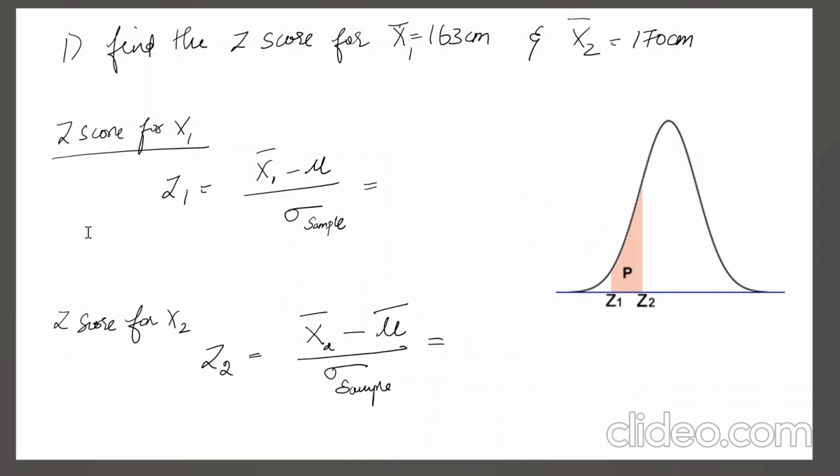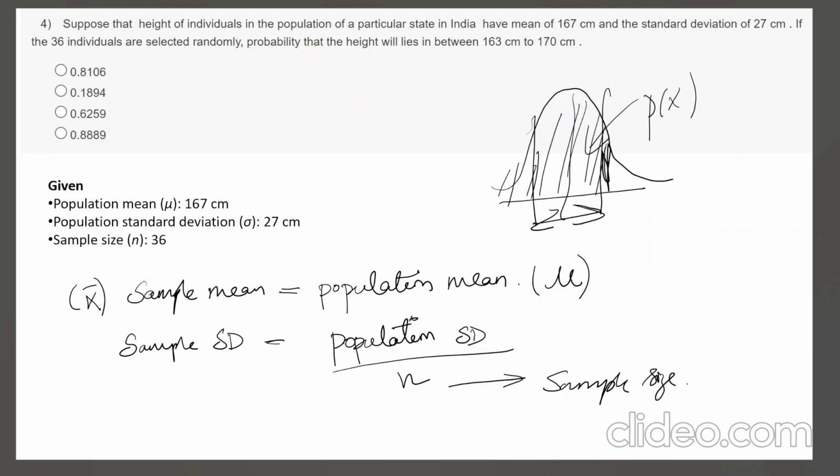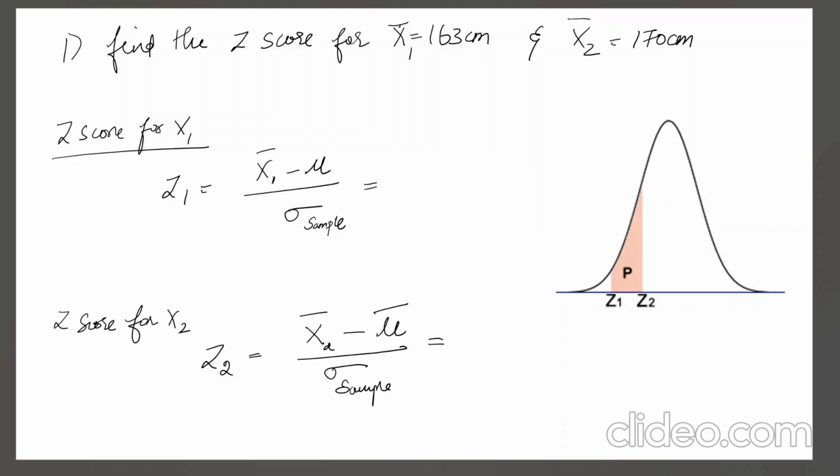After finding it, we have to find the z-score for the given values, 163 centimeters and 170. The average is 167.